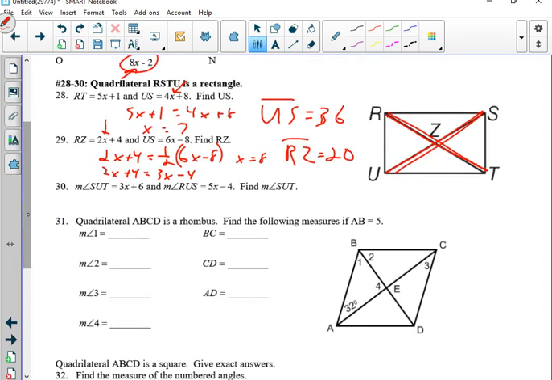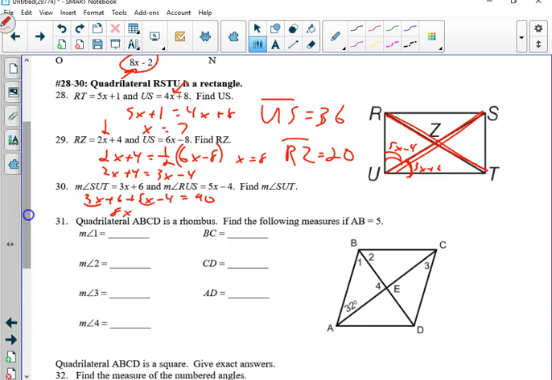SUT, that's this angle right here, is 3x plus 6. RUS, that's this angle right here, is 5x minus 4. They are complementary. They add up to 90. So 3x plus 6 plus 5x minus 4 equals 90.